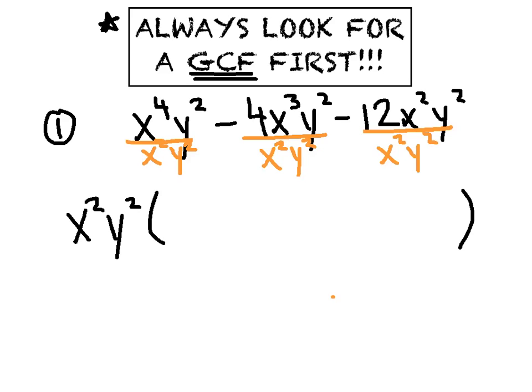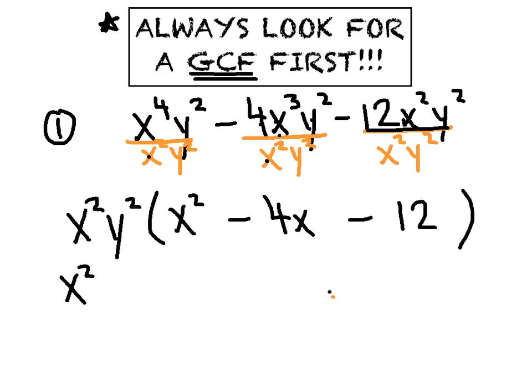The first term, x to the 4th divided by x squared, gives me x squared, and the y squareds cancel out. In my middle term, 4x cubed y squared divided by x squared y squared is simply minus 4x. And on the last term, I had just minus 12 after I divided. Remember, we aren't quite done yet.